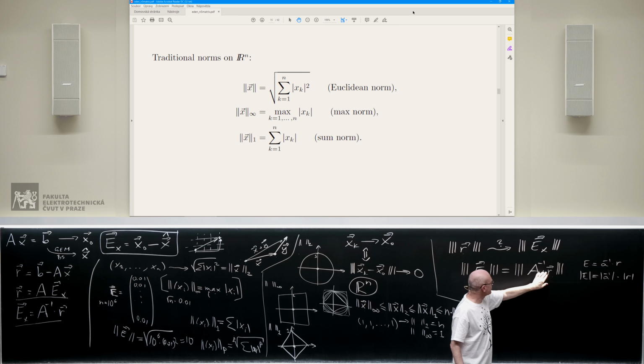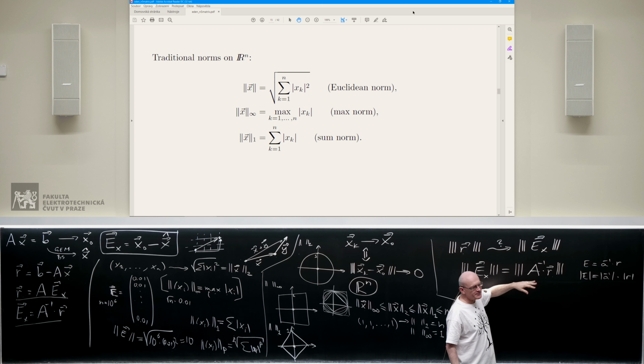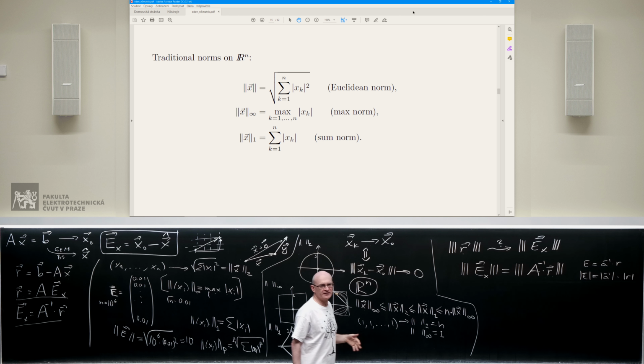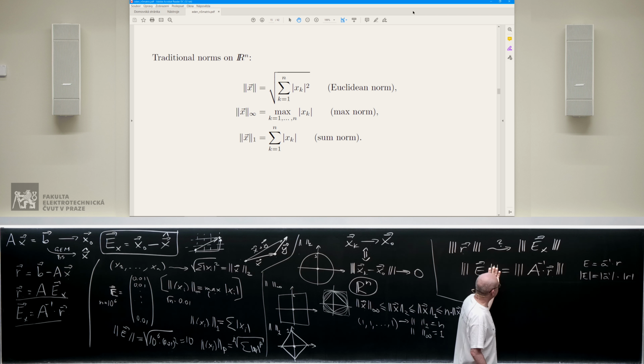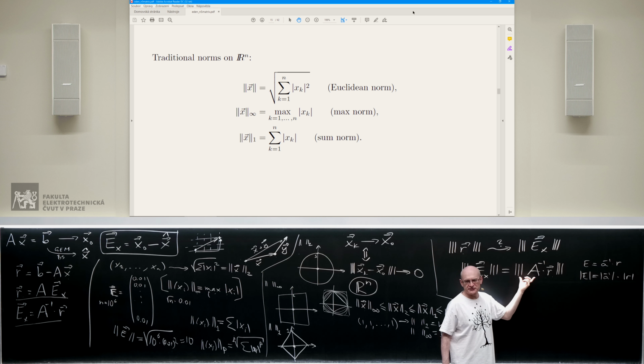Can I take this product and split it into two parts? Well, I can apply magnitude to the residual. No problem there. But here, A inverse, that's a matrix. And so far, we only talked about measuring vectors. So if I want to somehow work out this equality, to make some sense of it, I need to be able to also measure matrices.